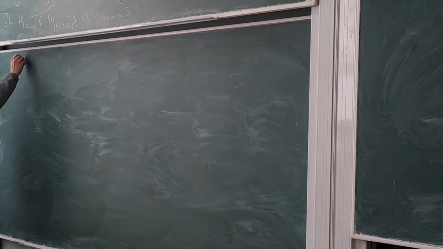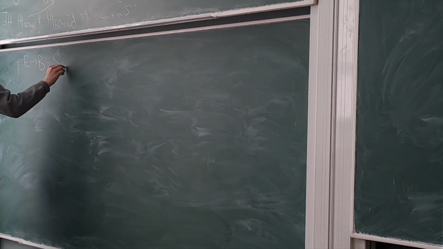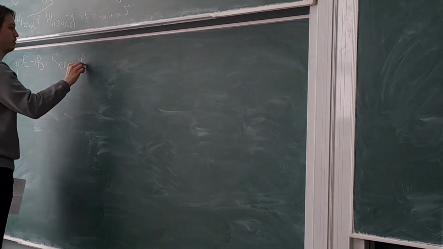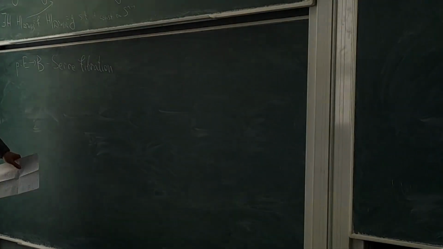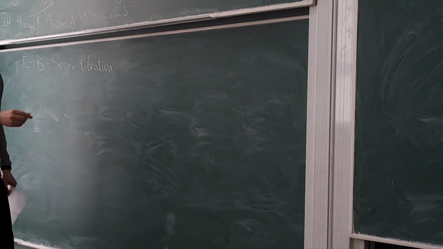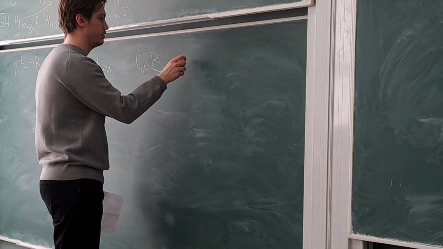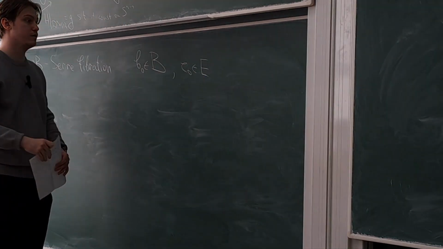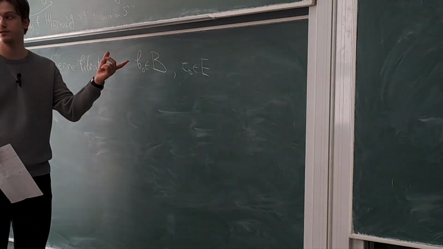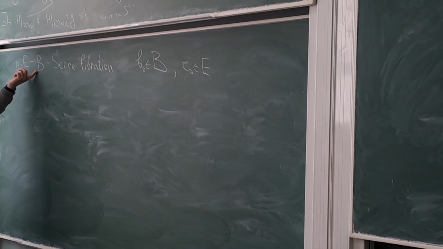So let P be a fibration. And then take some base point in B and choose some base point in E such that this map will preserve these base points.